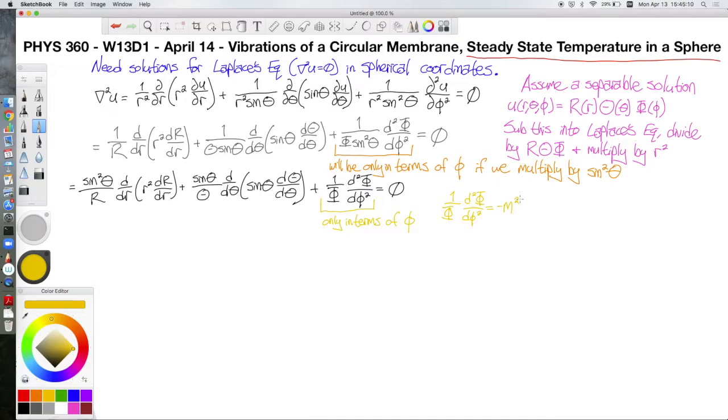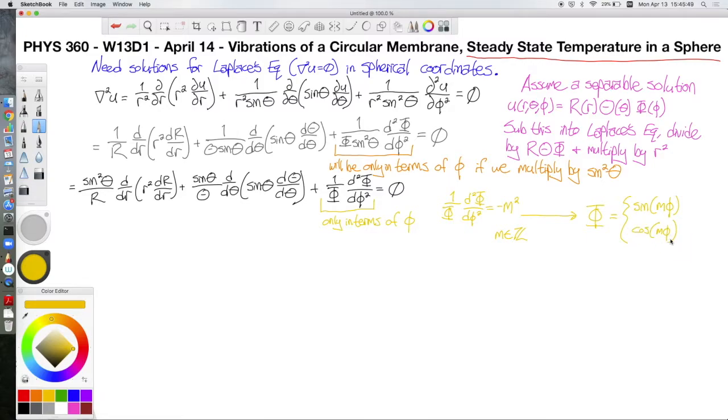They have to give you the same value for 0 as they give you for 2 pi. So that means m is going to need to be an integer, and this will give us solutions for Phi of sines and cosines of m theta. Sorry, sines and cosines of m phi.